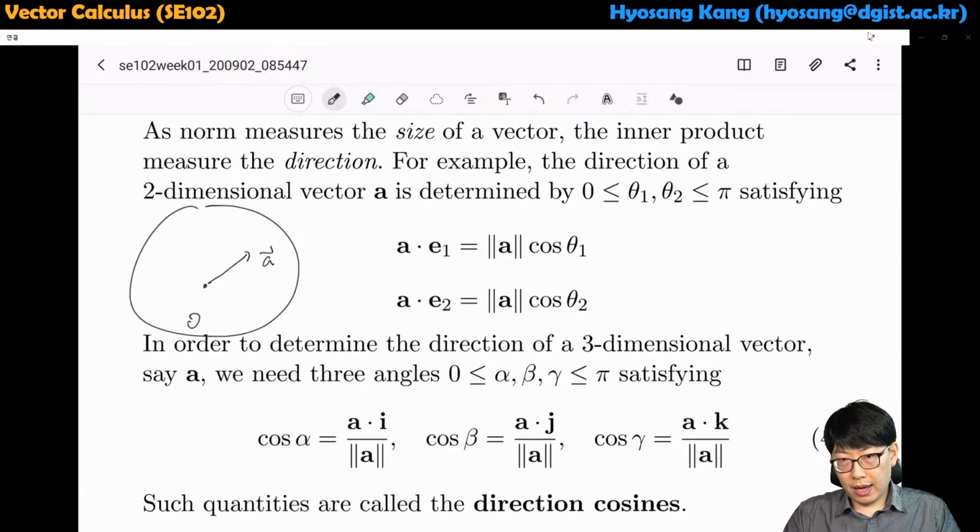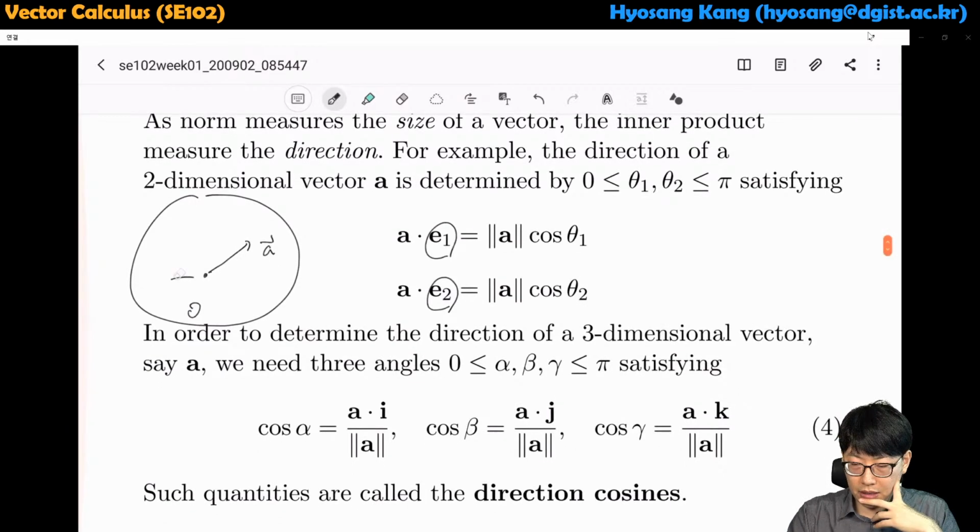So the only way I can get the direction of A out of here is by taking an inner product with the basis vectors. The basis vectors are not drawn here. If they were drawn here, it would be obvious where my vector A is pointing.